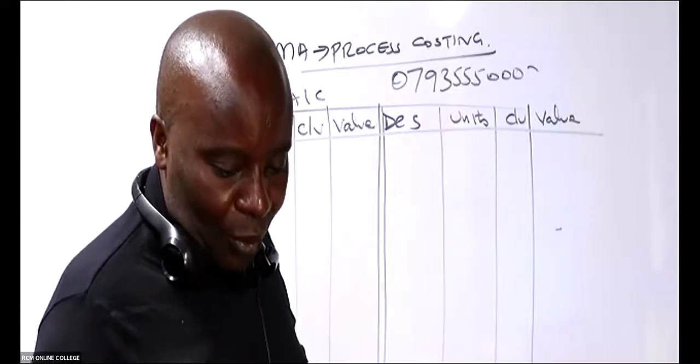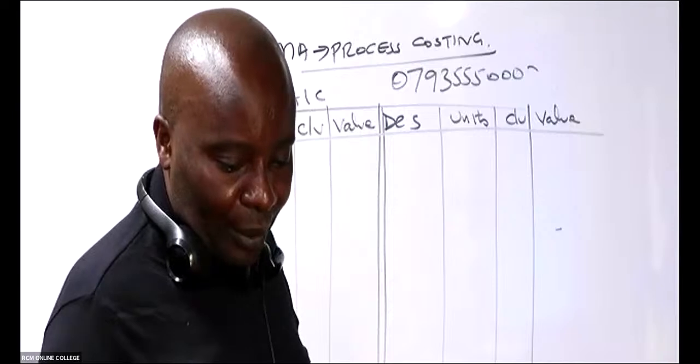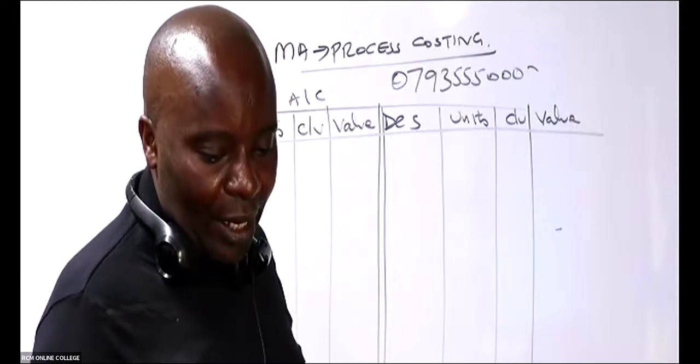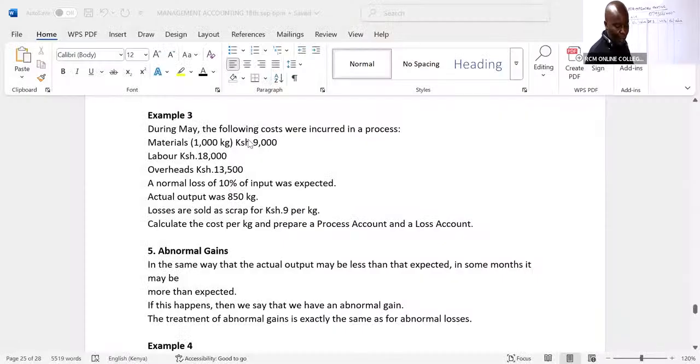There are 1,000 units, ladies and gentlemen. You can see they are here, costing 9,000. The value is 9,000. So remember, once you brought in the main material, now you need to bring what we call conversion. Conversion is made up of two items, labor and overheads.